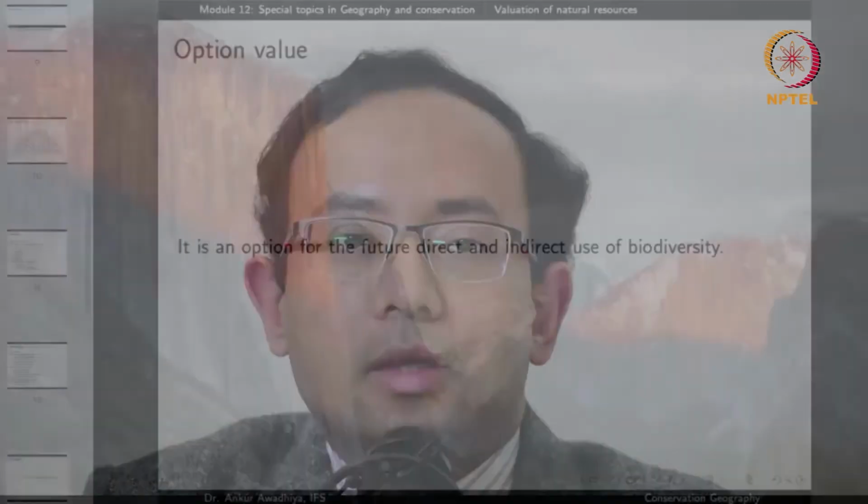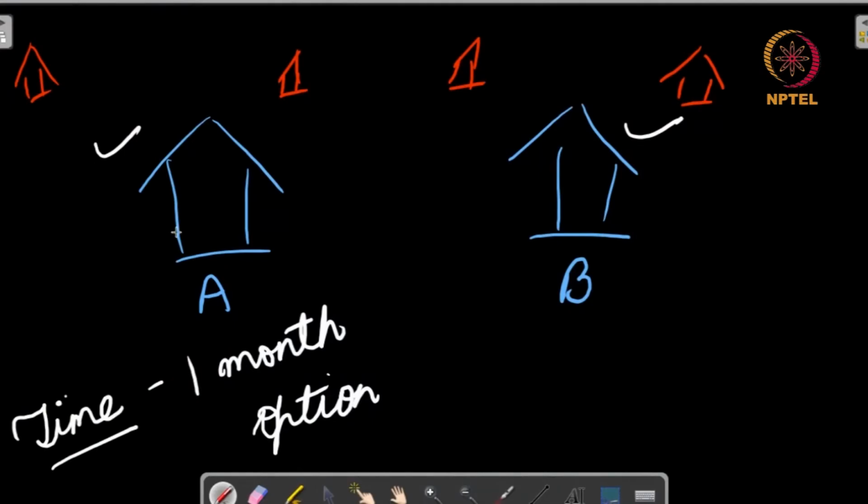And if in this 1 month I decide that I am going to purchase your house, then nothing like it. So you are giving this person 10,000 rupees to have the option on this house. And similarly, you will give say 5,000 rupees to person B to create an option on house B. So in this case, you are giving this person rupees 10,000 and you are giving this person rupees 5,000.